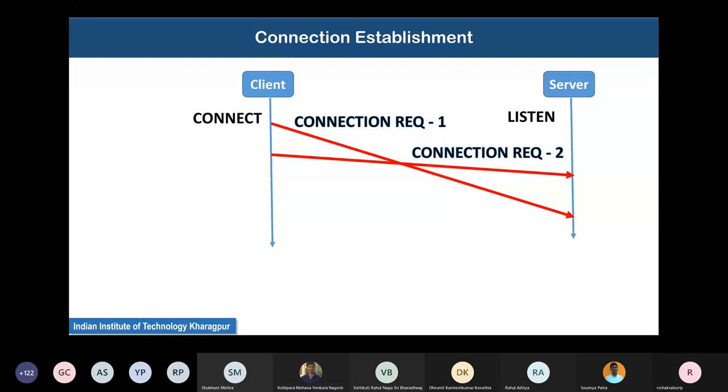Say, just as an example, 120 seconds. If it does not get the acknowledgement back within 120 seconds, it thinks something bad has happened. Maybe the packet has got lost and it resends the same packet.